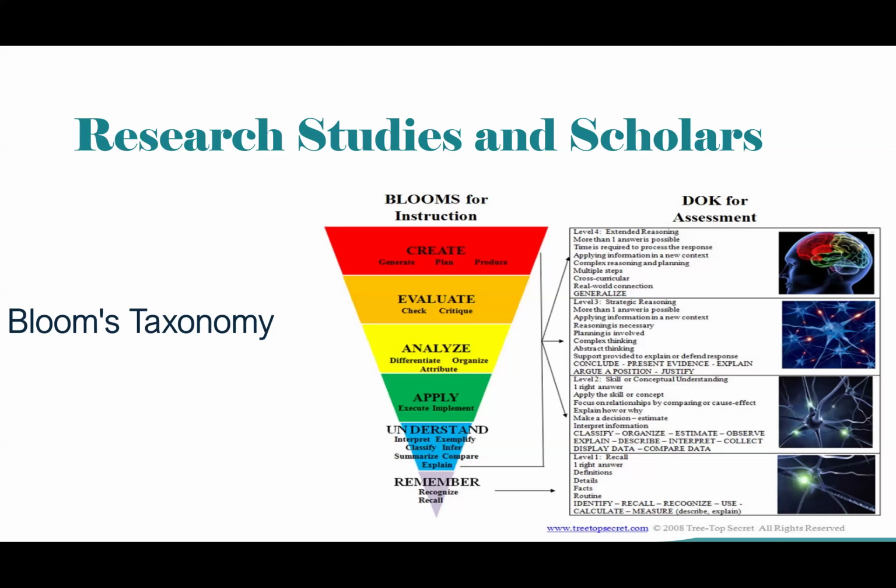Let's now move to talk about the key differences in application. The first difference is hierarchical versus non-hierarchical. So if we look at Bloom's taxonomy, it is hierarchical, moving from lower order thinking to higher order thinking.